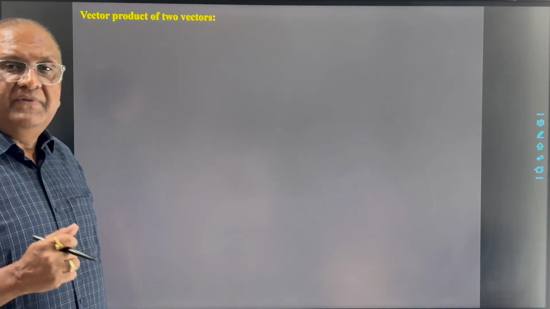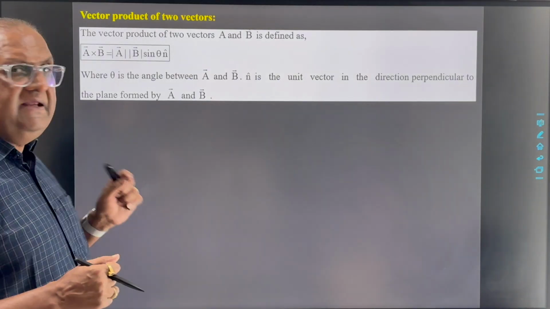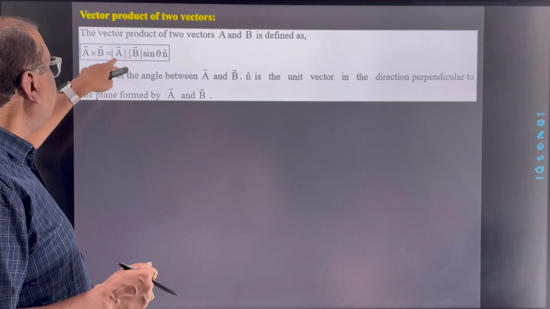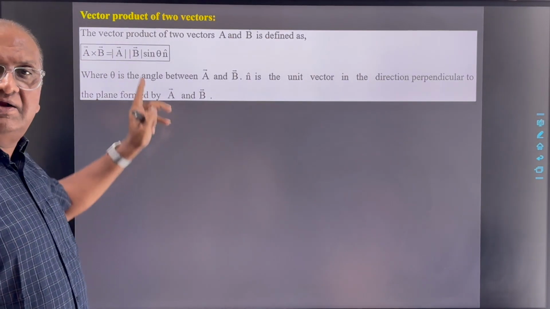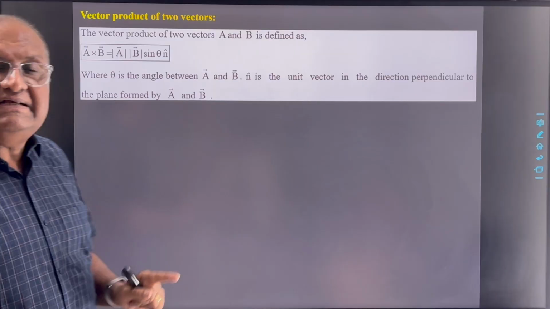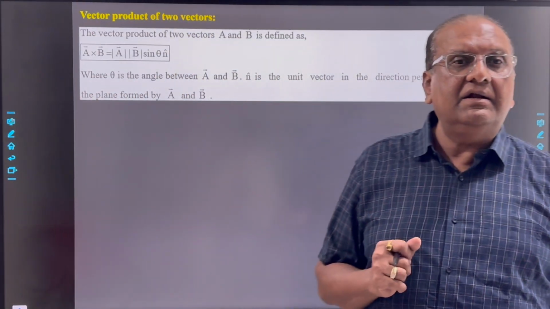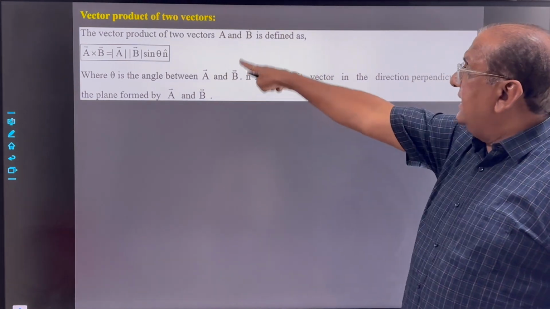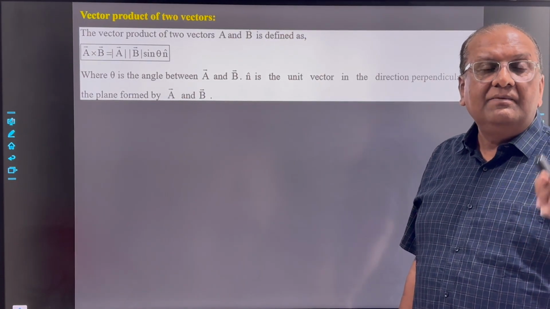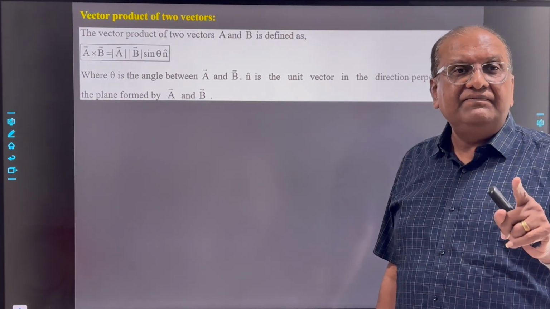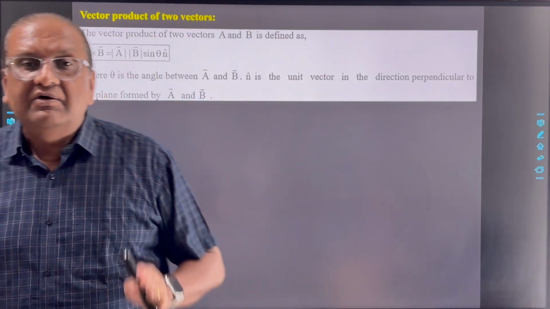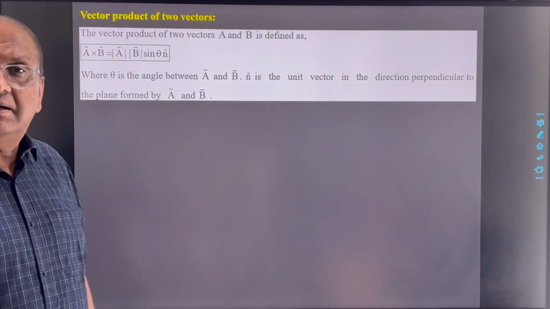Vector product is defined as A cross B, which is magnitude of vector A into magnitude of vector B into sin theta into n caret, where theta is the angle between vector A and vector B, and n caret is the unit vector in the direction perpendicular to both vector A and vector B. It implies that it is perpendicular to the plane formed by vector A and vector B.